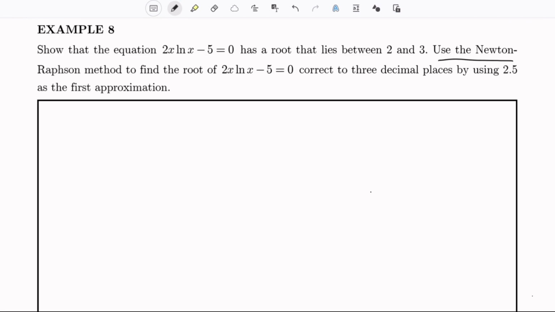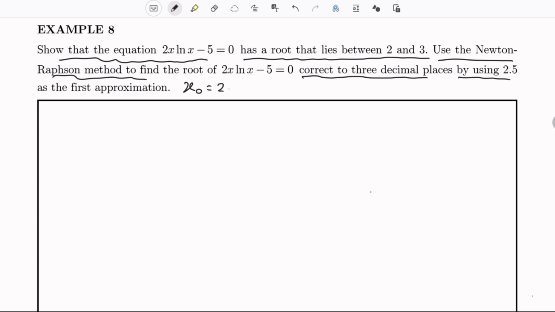So example 8. Show that the equation 2x ln x minus 5 equal to 0 has a root that lies between 2 and 3. Use the Newton-Raphson method to find the root correct to 3 decimal places by using 2.5 as the first approximation. So that is your x0. So x0 is 2.5. So take out the function.